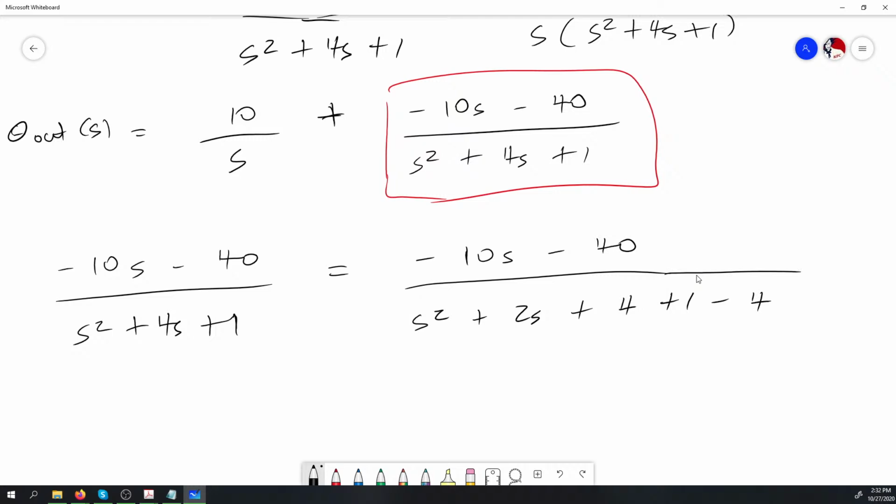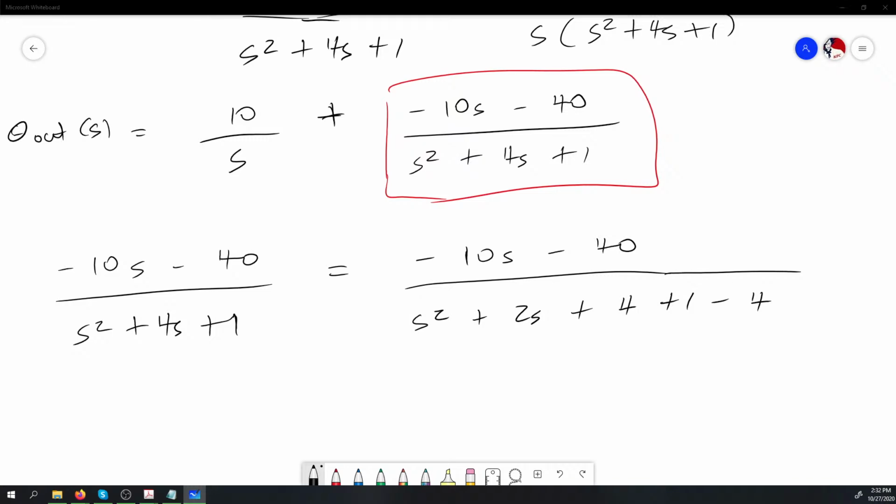If I complete the square there correctly, that's s plus 2 all squared, so no, I did not complete the square there correctly. Hold on, let's make sure I do it correct.